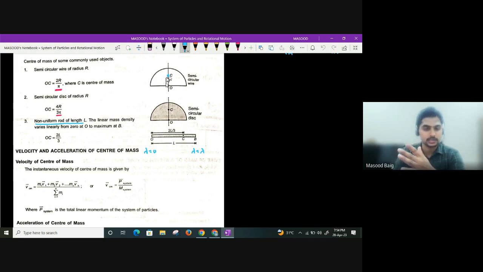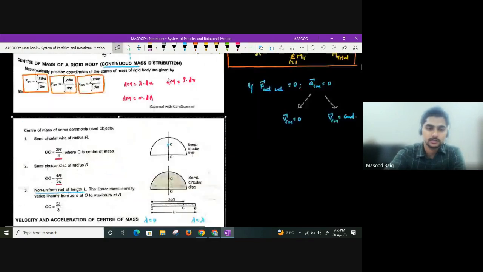It may be present inside the system or outside the system. Motion of center of mass will get affected only by external forces. Internal forces will not affect the motion of center of mass. And one very important property about center of mass is that the sum of moments of masses about the center of mass will be zero, guys. It's a very, very important case again.